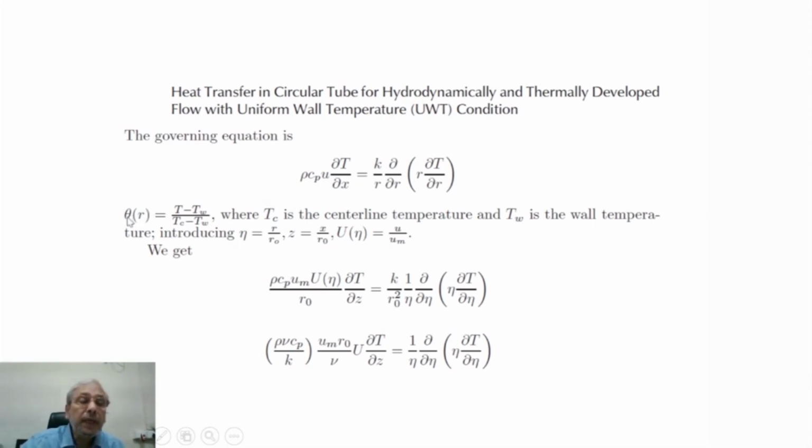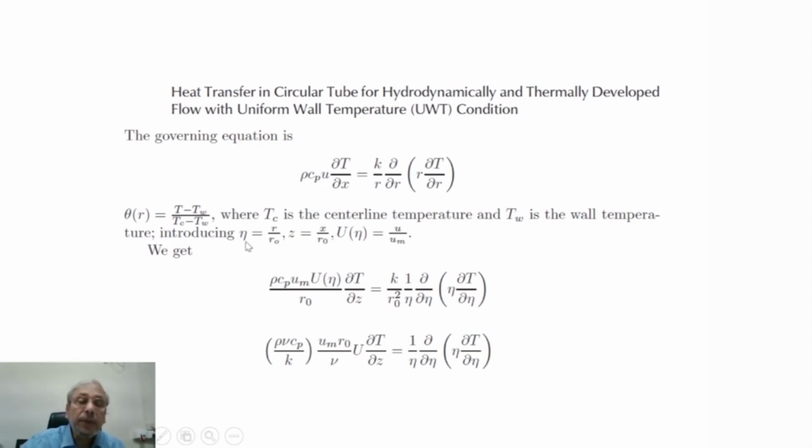Now we can define theta as T minus Tw divided by Tc minus Tw, where Tc is the center line temperature and Tw is the wall temperature.